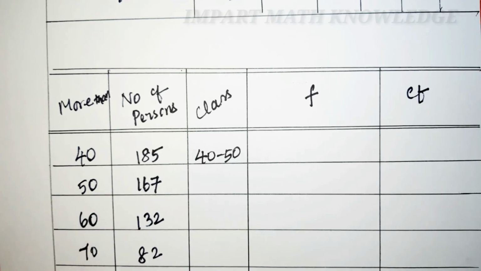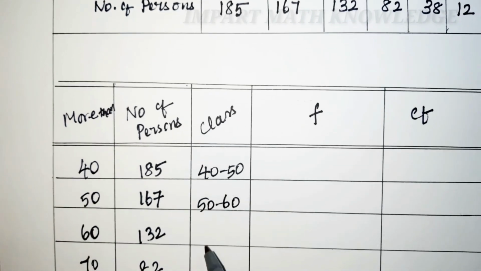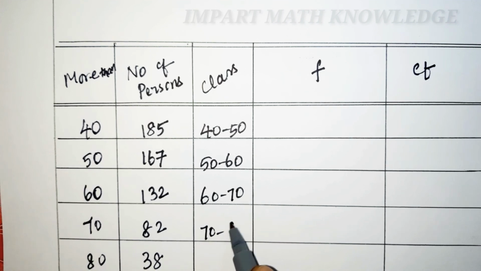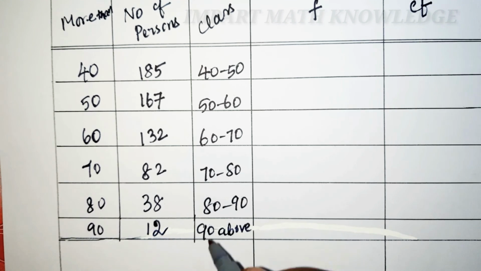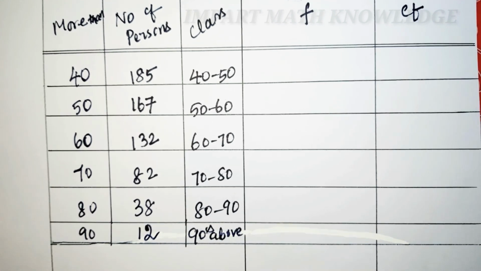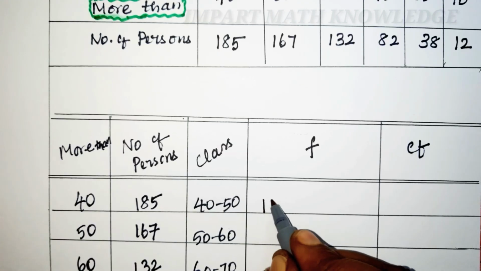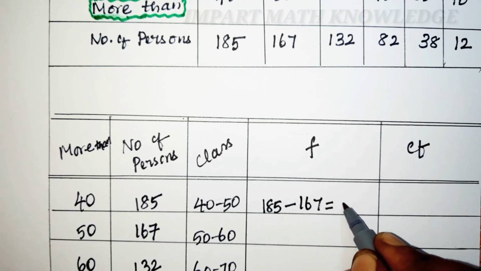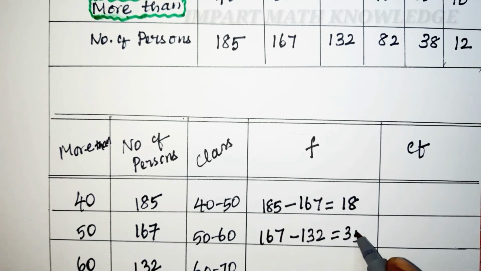The class intervals are 40 to 50, 50 to 60, 60 to 70, 70 to 80, 80 to 90, 90 and above. We have to find the frequency from the number of persons. 185 minus 167 is equal to 18. 167 minus 132 is equal to 35.